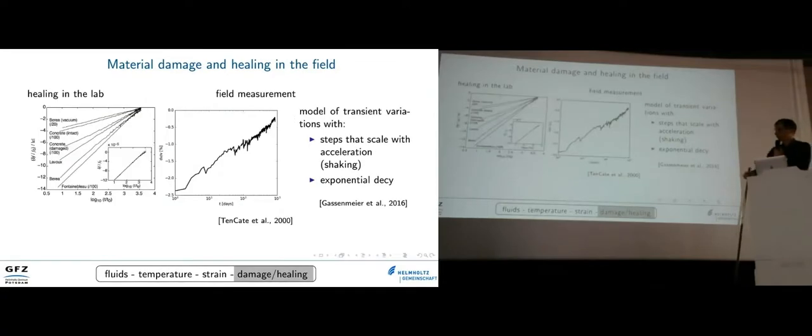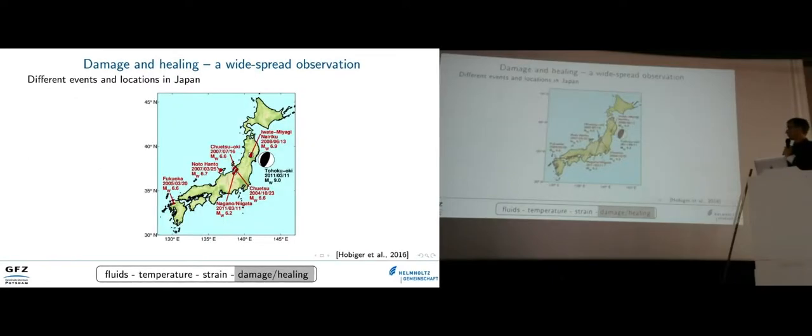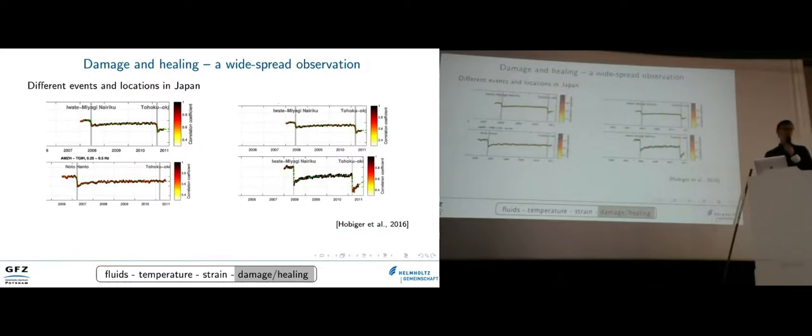It also follows a log linear trend, similar to laboratory experiments, but I won't talk about that because I would like to talk about the hydrological modeling that we did in Nepal in the next part. So there are some more results, and wherever you look during large earthquakes, you see a decrease in velocity. It's never an increase, and recovery in the time afterwards.